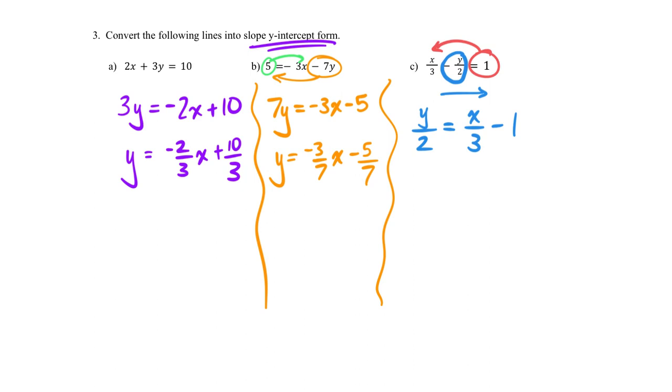And to do that, I have to get rid of my divide by 2. So it actually becomes a pretty easy adjustment. To get rid of a divide by 2, I need to multiply by 2. And as long as I multiply everything by 2, then I'm good. Okay, hopefully those match up. And hopefully we're feeling a little more confident to change into slope-intercept form. Let's try a few more.